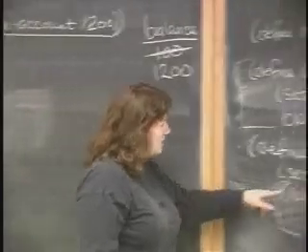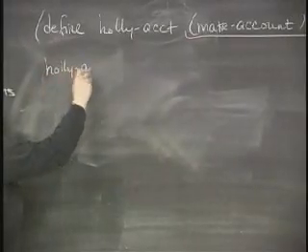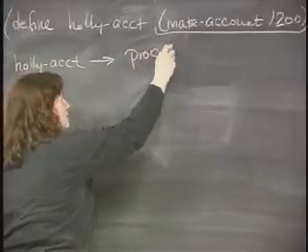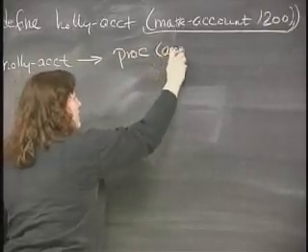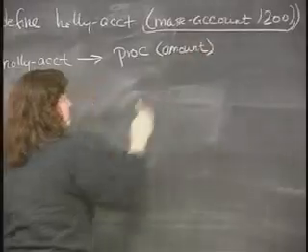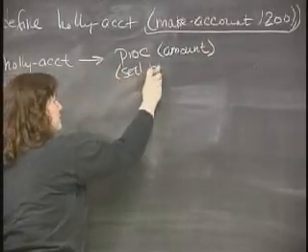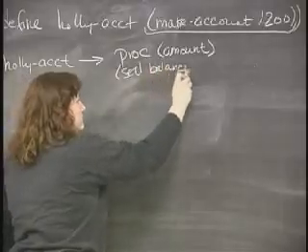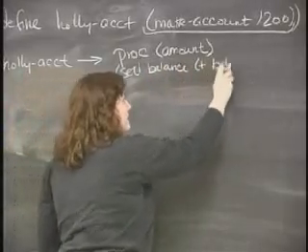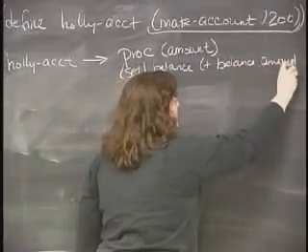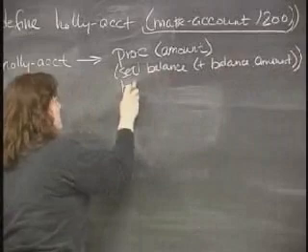And now I return a procedure. So Holly account is going to be bound to a procedure that takes in a parameter amount and does set bang balance to balance plus amount, and then returns the balance.